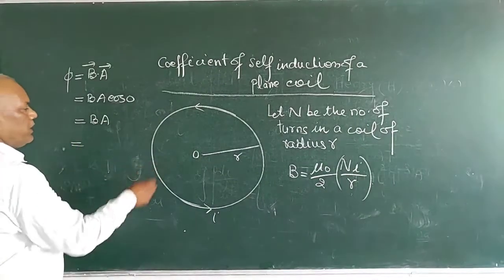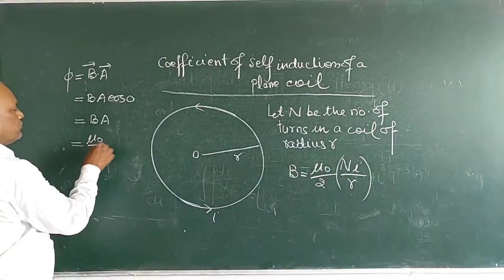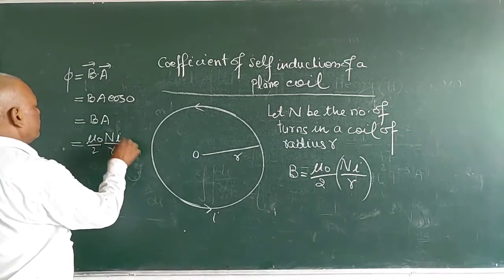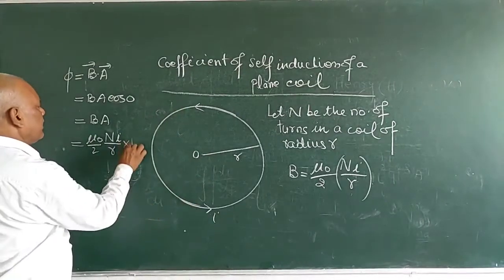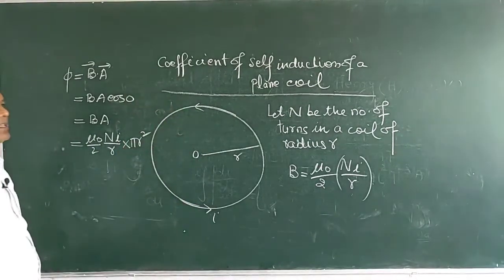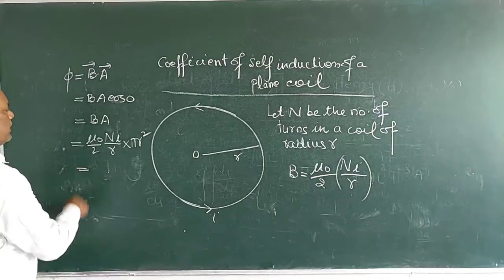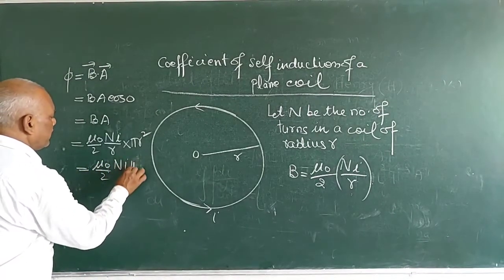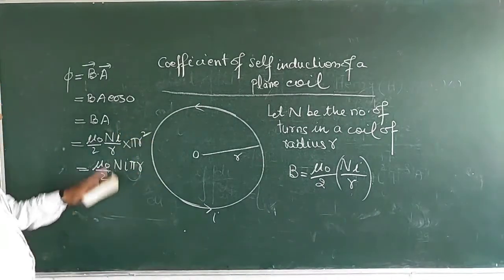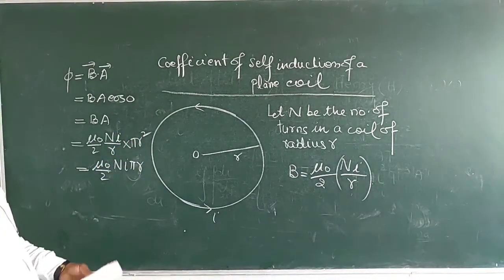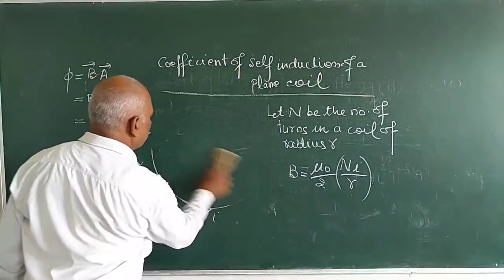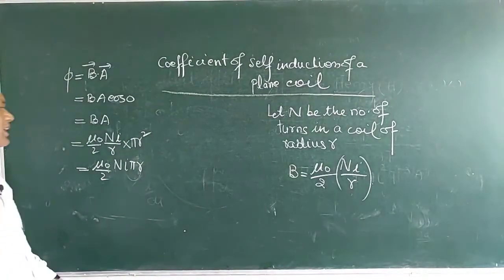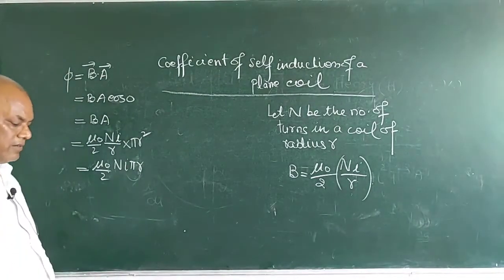Now the value of B is mu naught N I upon 2R, into the area of this coil. Area of this coil becomes pi R square. So what will be here? Mu naught N I pi R by 2. One power of R is cancelled out. Now this is the magnetic flux attached to the coil.